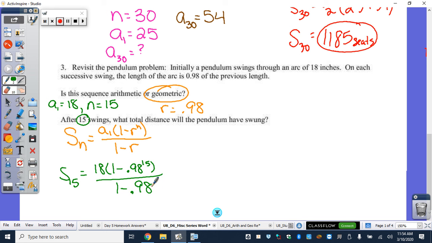So 18 times 1 minus 0.98 to the 15th divided by 1 minus 0.98. Go ahead, type that in, and we'll go to the nearest tenth for our answer.